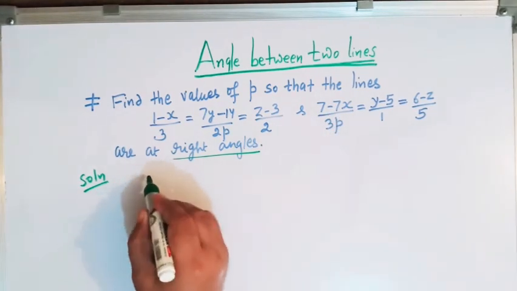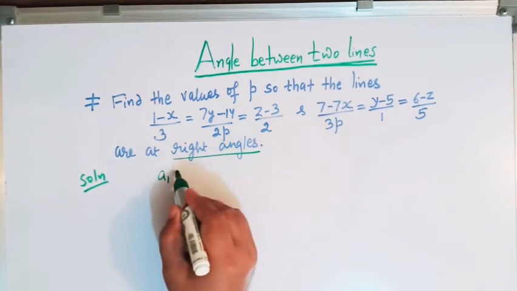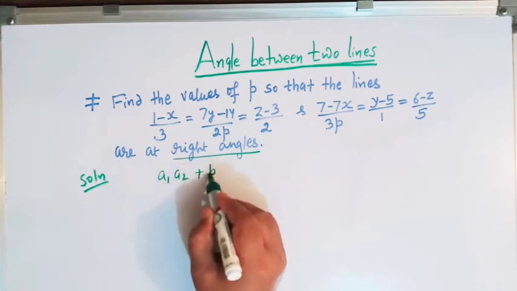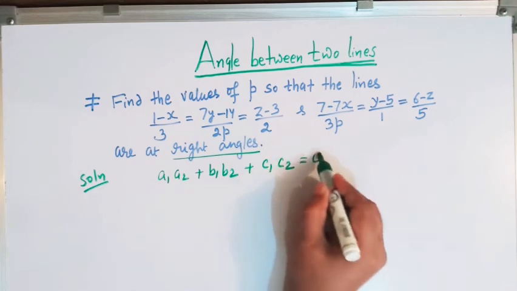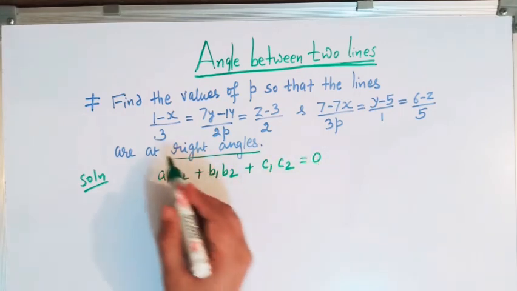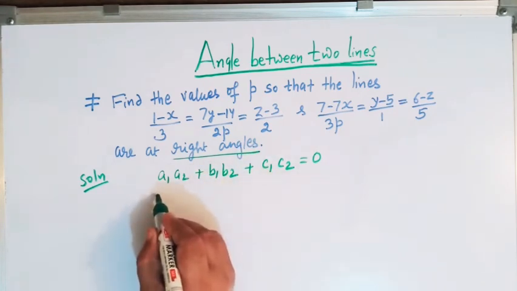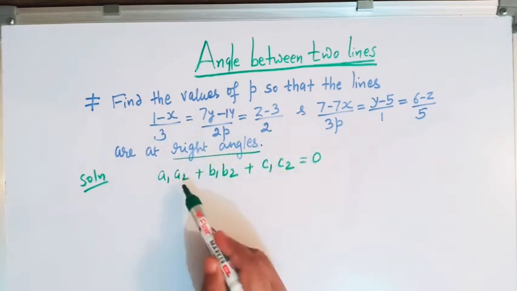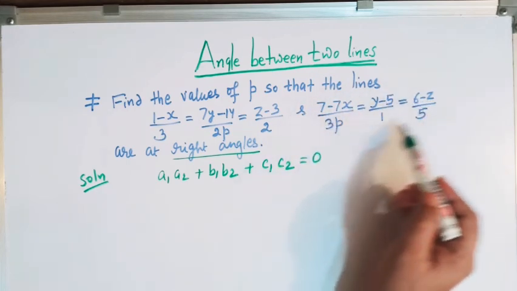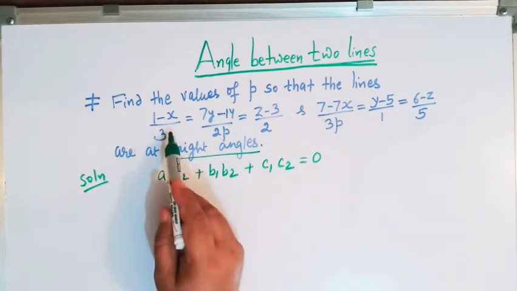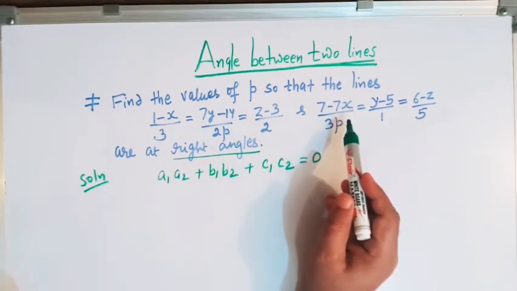Now here we will use the condition that a1 a2 plus b1 b2 plus c1 c2 is equal to 0, where a1, b1 and c1 are the direction ratios of this line, and a2, b2 and c2 are the direction ratios of this line. But here, viewers, we see that these two lines are not given in the standard form.